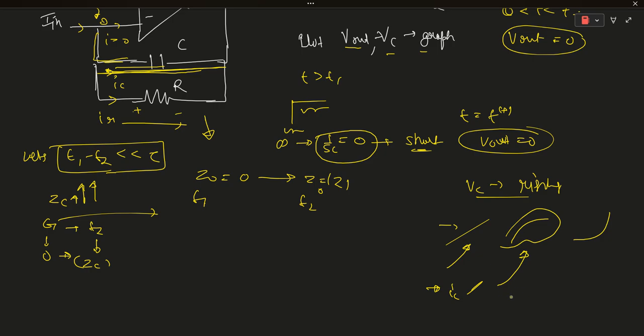And when will it rise like a parabolic? When the current is like a ramp.